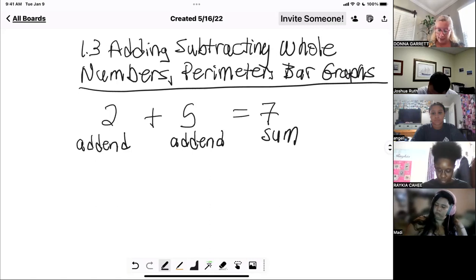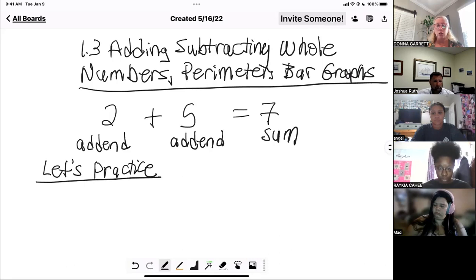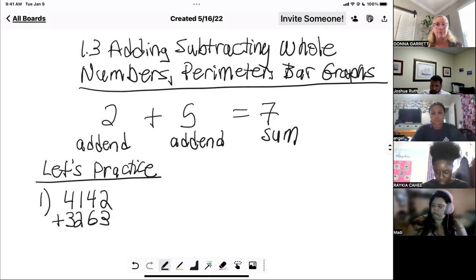So let's just practice a little bit of adding, and then we'll go to subtracting. Just like I talked about earlier, I'm not going to assume that we all need to review this, so I'm just going to go a little bit on the slow side. So let's add 4,142 plus 3,263.